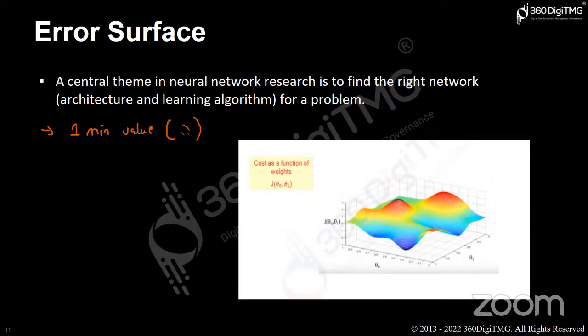Here you have this plane. You want it to have only one minimum value. Here you might notice you have multiple minimum values. So these values are going to cause some issues. So we try to have a maximum of one error surface.